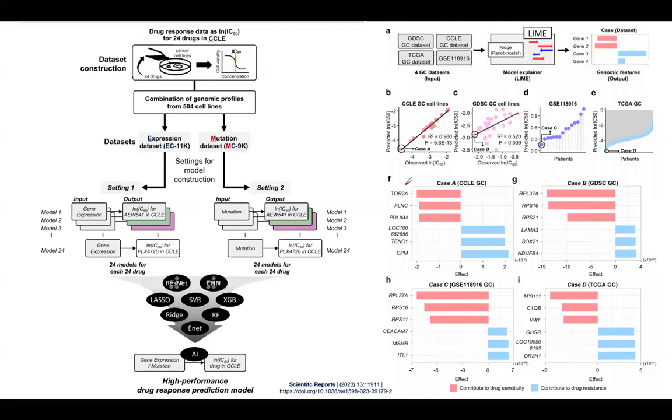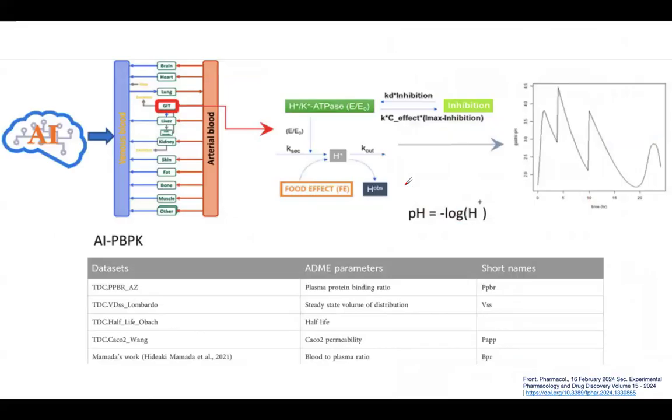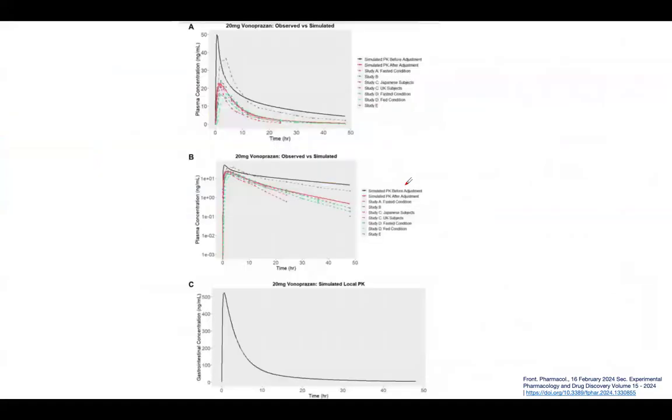Now coming to an interesting model, how pharmacogenomics and the baseline drug development process can be incorporated and can tell us about future drug response. So with the help of artificial intelligence, we can understand what gene expression or mutation could influence the drug response. And another important study has been published. They utilized an artificial intelligence-based, physiology-based pharmacokinetic model, and they predicted some specific ADME parameters of a potassium-competitive acid blocker, that is vonoprazan.